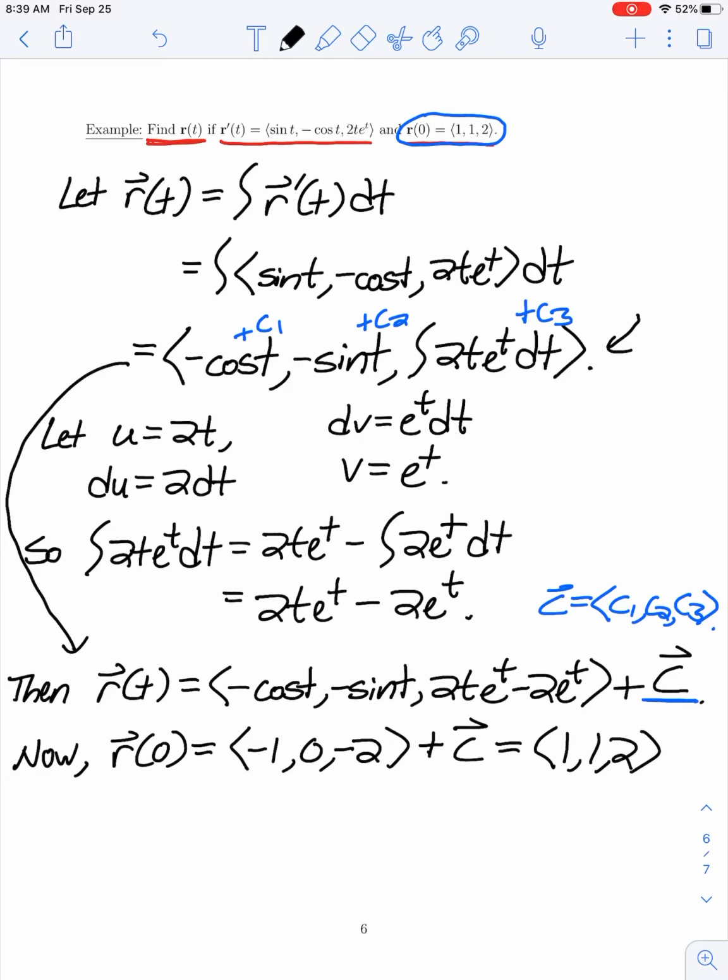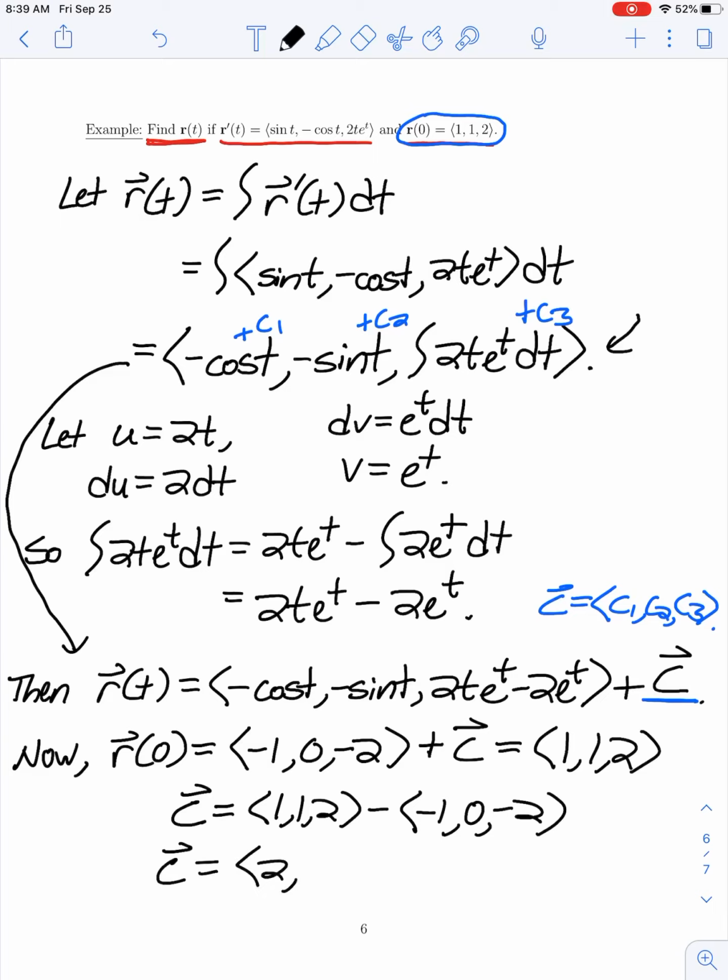That was the given vector for r of 0. So solving for C, I would have 1, 1, 2, and then I would be subtracting this vector, negative 1, 0, negative 2, which gives me that C is the vector 2, 1, 4.